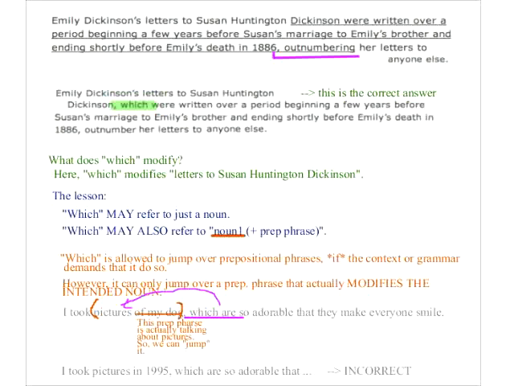In 1995 doesn't describe the pictures. It's a totally separate kind of modifier. It talks about when I took the pictures. So this is an incorrect sentence. You can't jump that kind of prepositional phrase. This is not pictures in 1995. So we can't jump it.